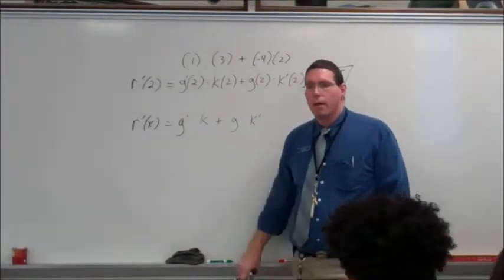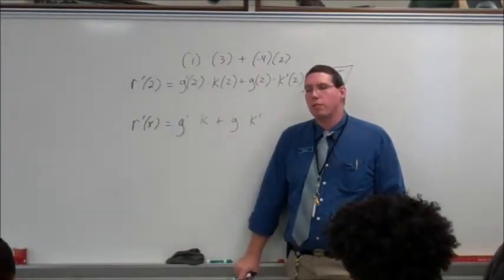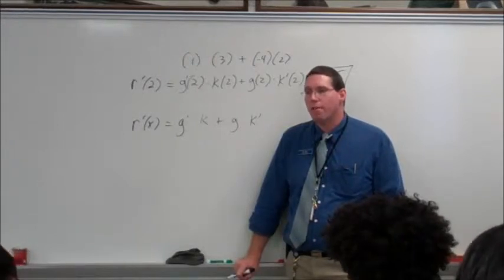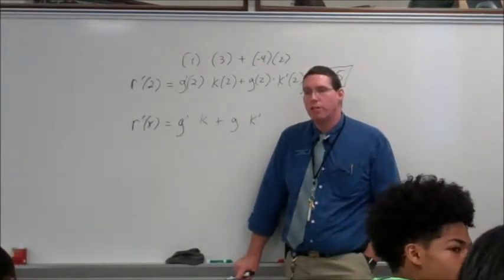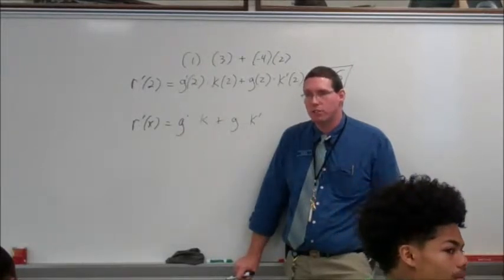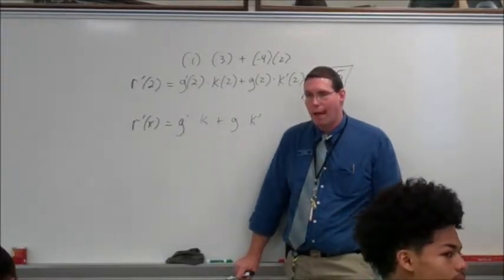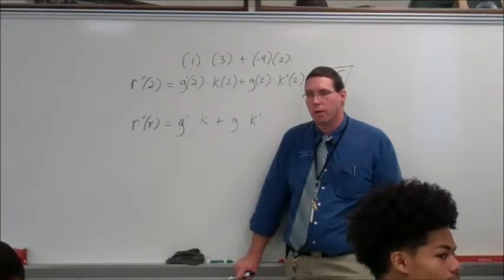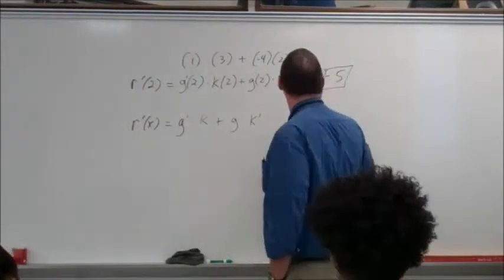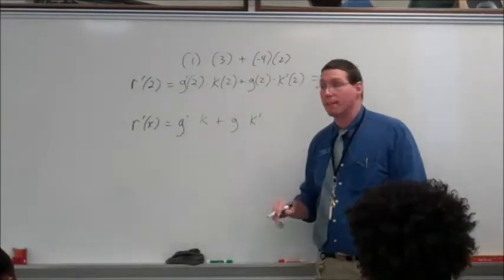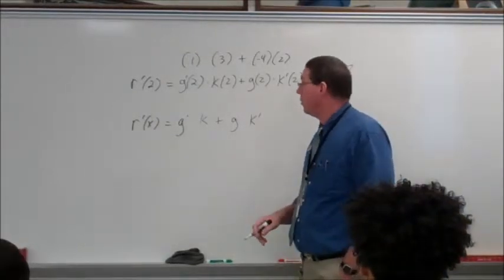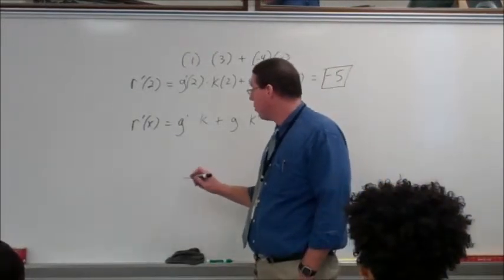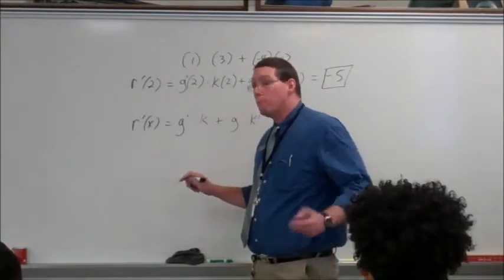Okay? And now, I know that the question does not ask this, but what if the question did ask, what is the equation of the line tangent to r at x equals 2? Okay, well, negative 5 is the, what piece is that? That's the slope. So y, we need the y value. How are we going to get the y value? Plug it in the original. Plug 2 in the original.